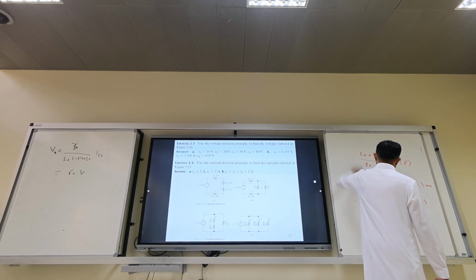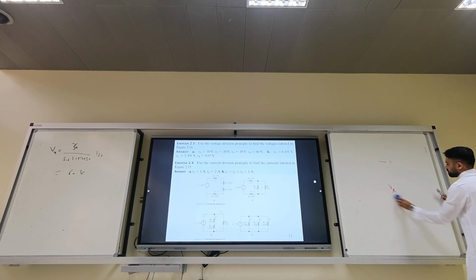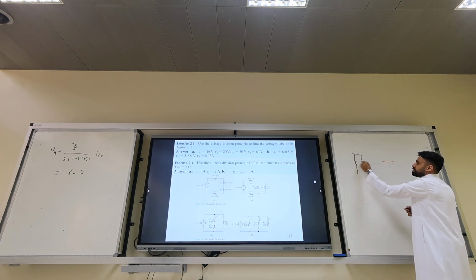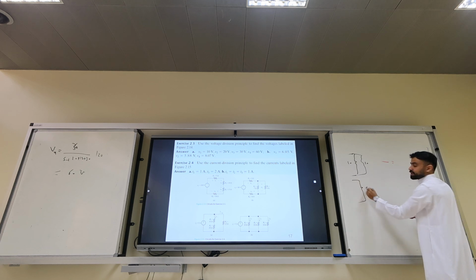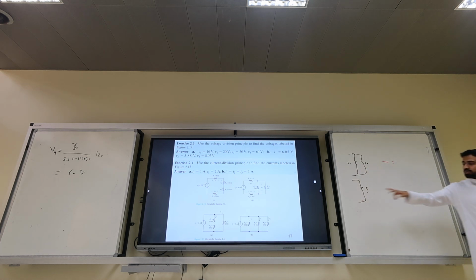If you don't know, use the calculator. Remember I told you if you get two resistors, 10 and 10, the equivalent is 5? Remember that? Who doesn't remember that? When we had two resistors of the same value, 10 and 10, to save 10 seconds in the test, you can say it's 5.